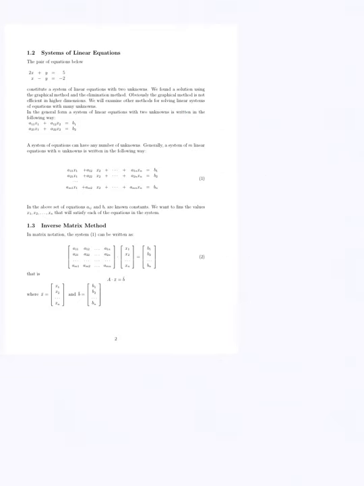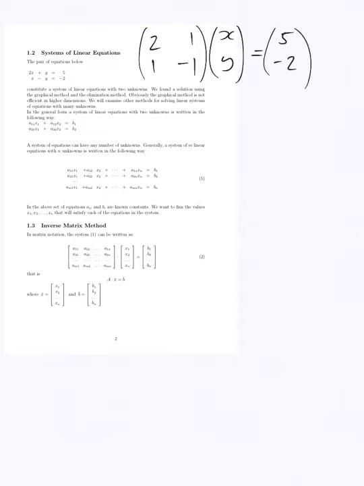Now, before we get stuck into the details, I'm going to show you another method, which is the inverse matrix method. Have a look at this matrix equation. If you multiply that out, you'll see that you get back those two equations here on the left.